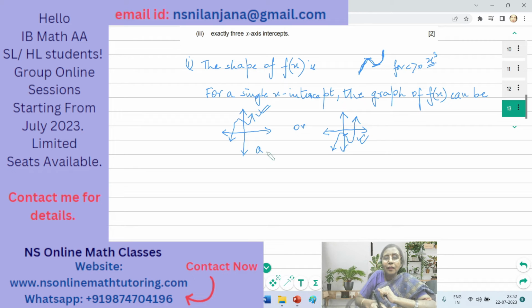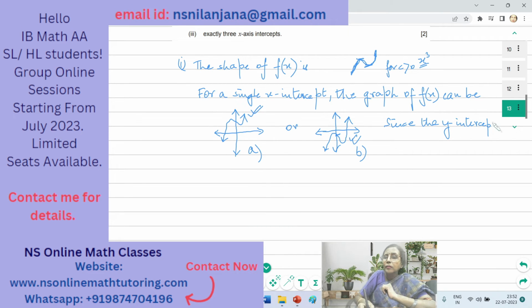This may be A and this may be B. Since the y-intercept is 2, therefore only shape A can be taken. Okay.